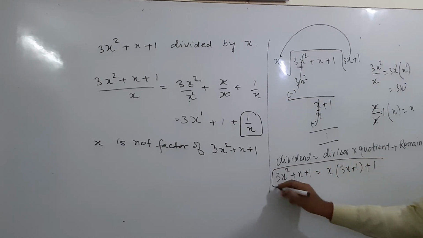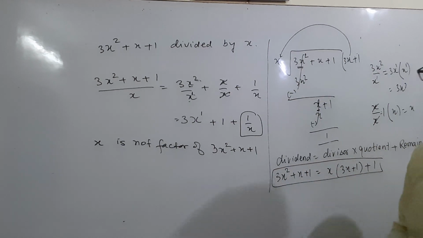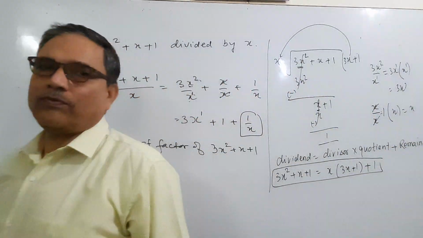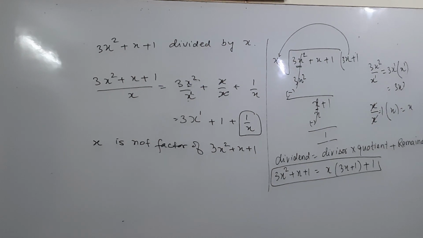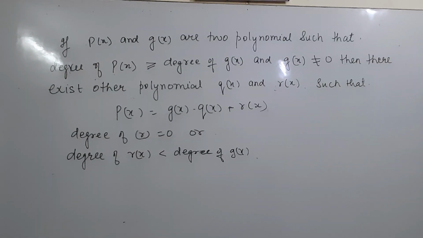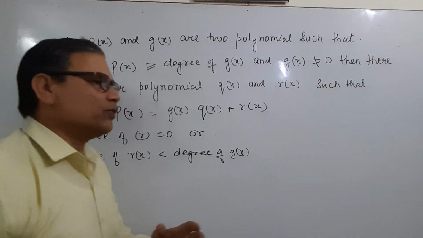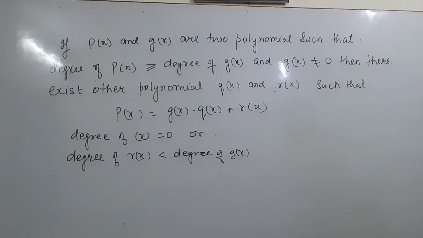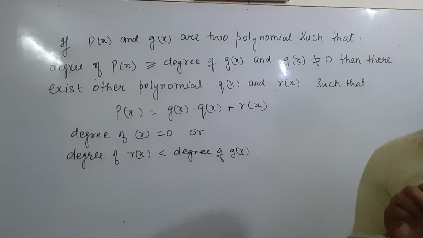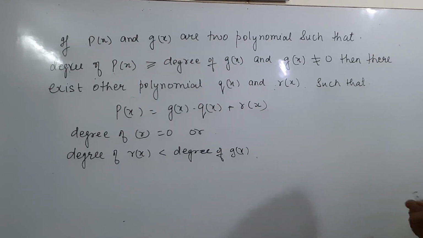This we have to verify later on. On this basis, we conclude that dividend is equal to divisor multiplied by quotient plus remainder.